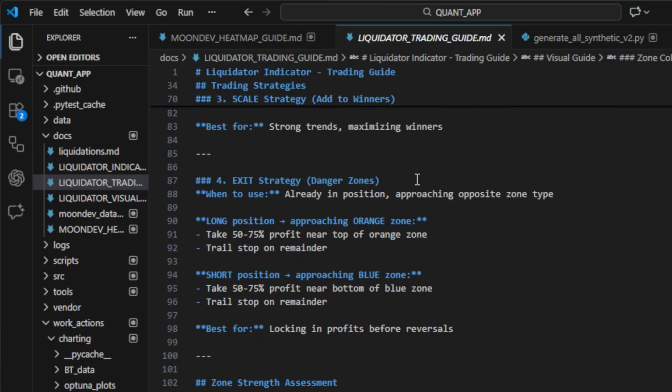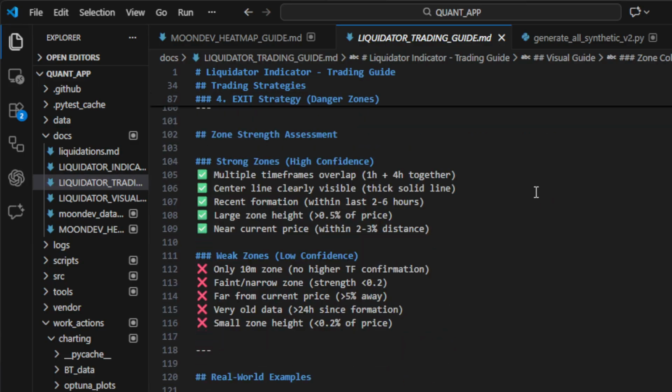Exit strategy, danger zones. Zone strength assessment. Strong zones, high confidence: multiple time frames overlap, 1 plus 4 together, center line clearly visible, thick solid line, center formation within the last 2 to 6 hours, large zone height of over half a percent of price, near current price within 2-3% distance.